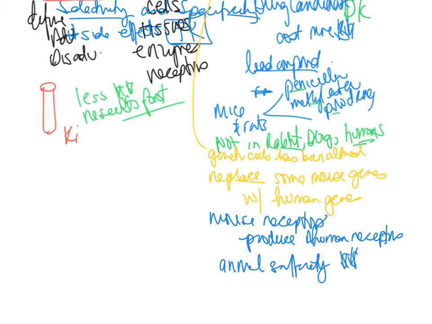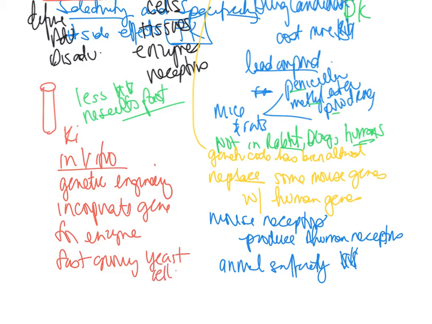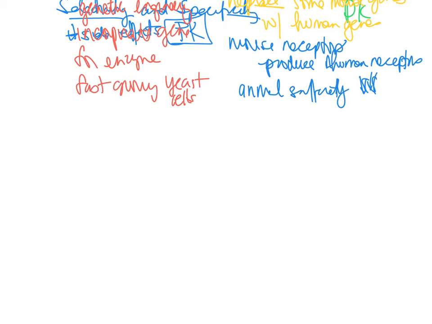The other thing I wanted to say, going back to the in vitro assays, is you also can have genetic engineering, and you can incorporate a gene for an enzyme into these fast-growing yeast cells. An example of that would be the HIV protease, E. coli.